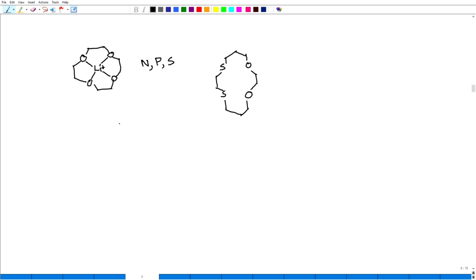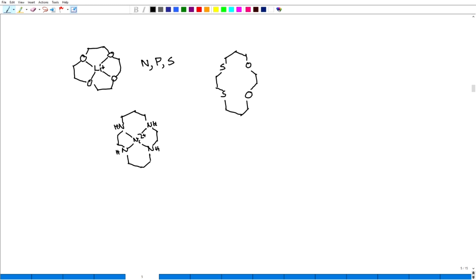For example, suppose this compound, I am just writing this as an example, with secondary amino groups, binds nickel 2 plus very strongly because of size matching, which you have understood.